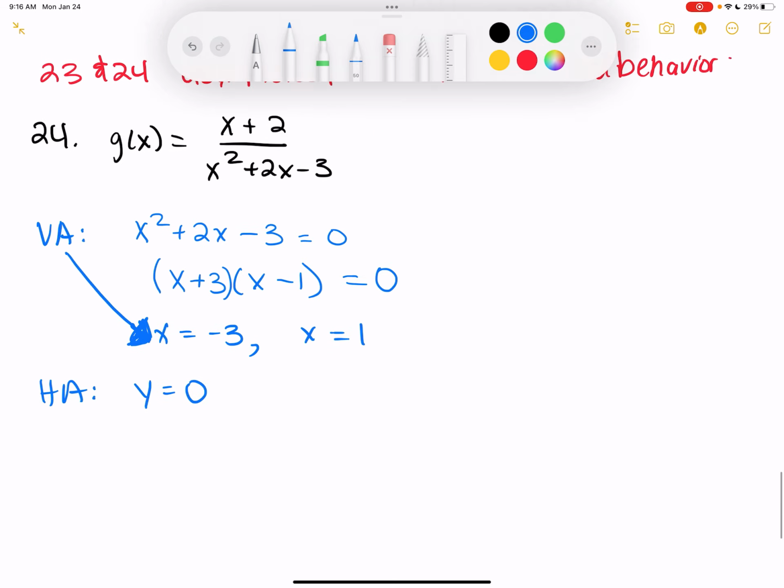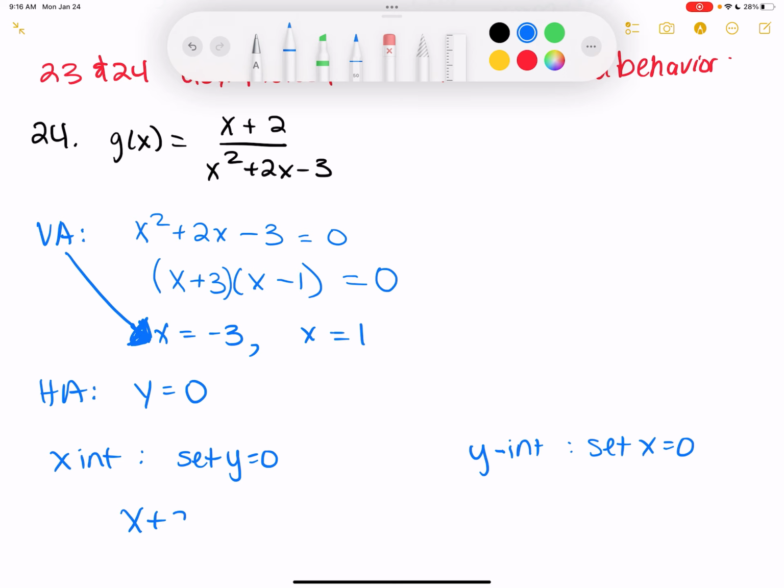So then to find your intercepts, for your x-intercepts, we set y equal to 0. For y-intercepts, you set x equal to 0. So for x-intercept, by setting y equal to 0, the whole bottom is going away, because the whole bottom times 0 is 0. So all you have to do is look at the top.